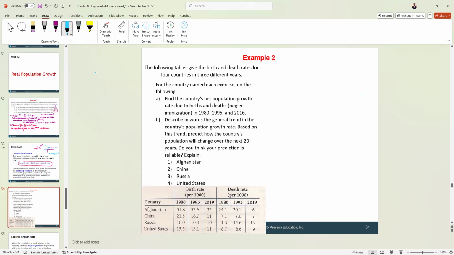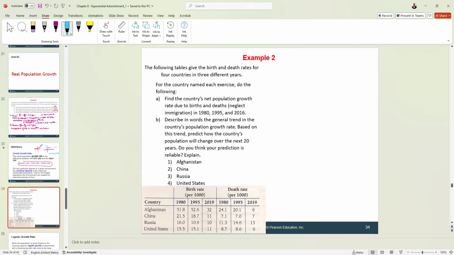In these problems, the first thing to do is the growth rate. The growth rate in 1980 for Afghanistan.